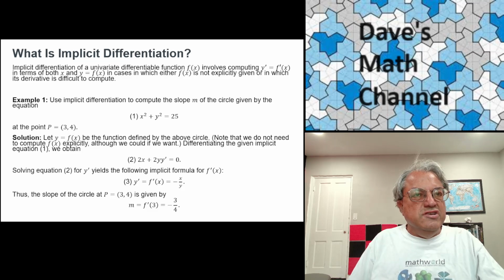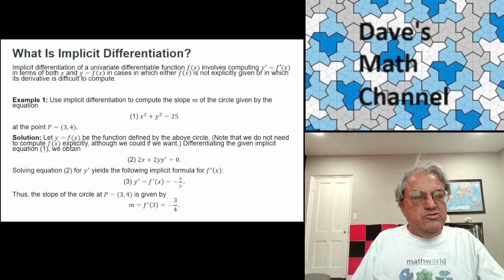What this means is that if you're writing y equals f of x, you have an equation involving x and y. So you have another function, a function of two variables if you like, involving both x and y, and remember that y is f of x.